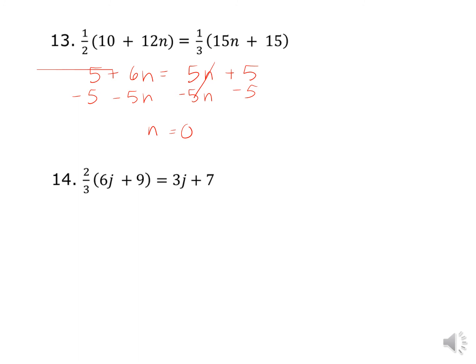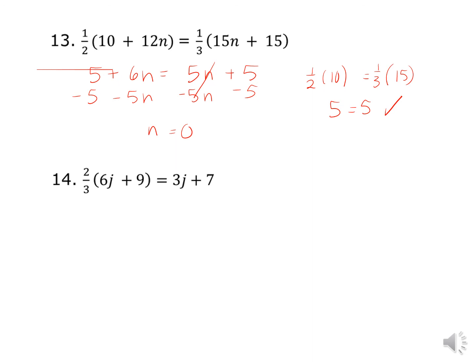And sometimes that's going to make you stop and think that can't be right, but it is right. So plug that in, you'd get 1/2 times 10 plus 0 is 10 equals 1/3 times 15 times 0 is 0. So is 1/2 of 10 equal to 1/3 of 15?